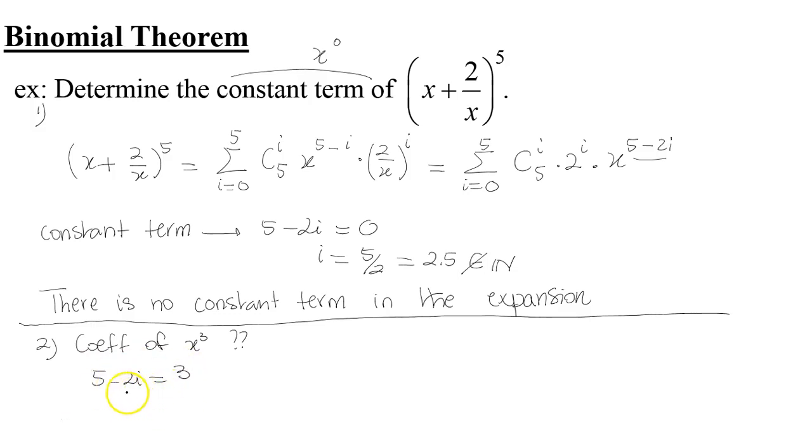That would lead to negative 2I equals negative 2, and that would lead me to I equals 1. So for I equals 1, we would end up with the coefficient of x cubed.